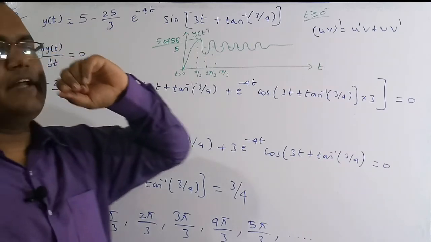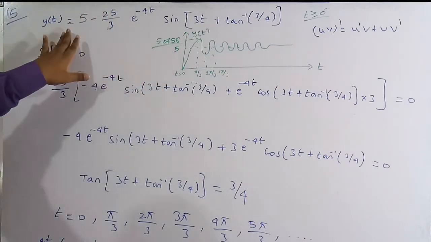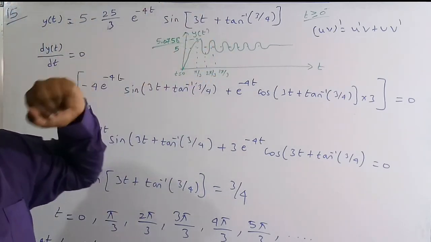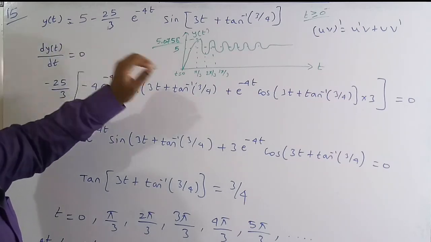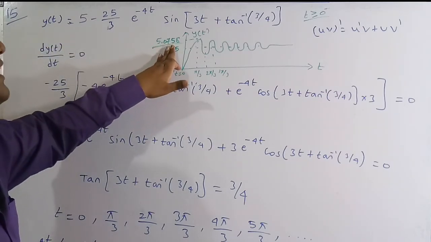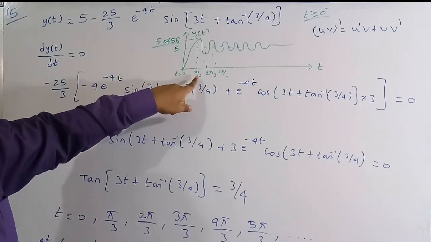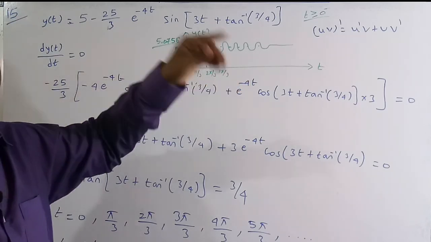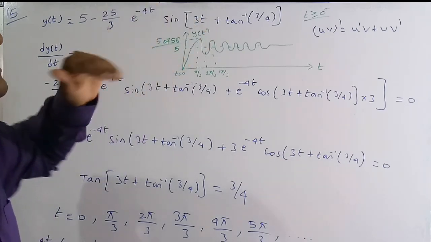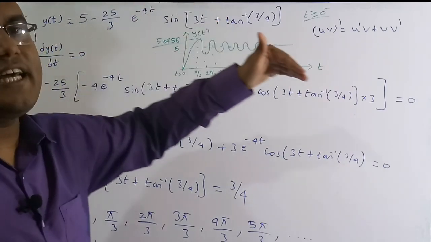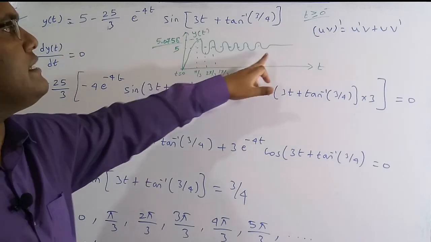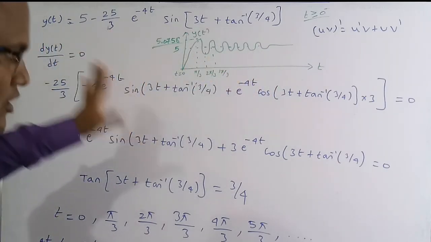So finally what I am trying to say is this is the expression y of t for t greater than or equal to 0, and the peak value of this function y of t is 5.0758 at the first peak overshoot, which is at t is equal to pi by 3, and at all other instants we are going to get a lesser value because this is an exponentially decaying sinusoidal, and finally we are going to get the value 5. So this is all about this question.